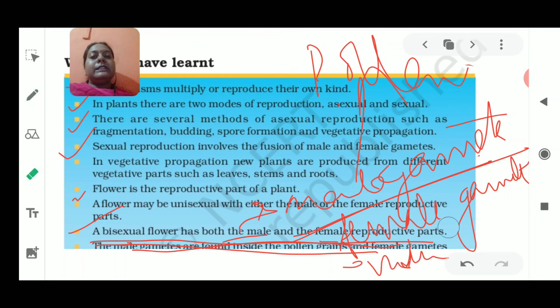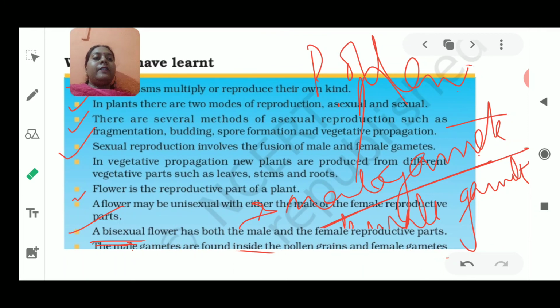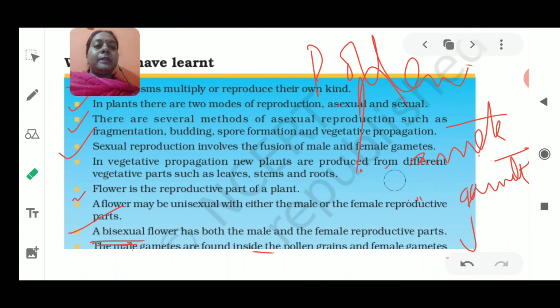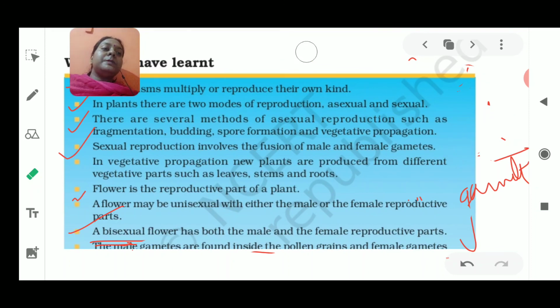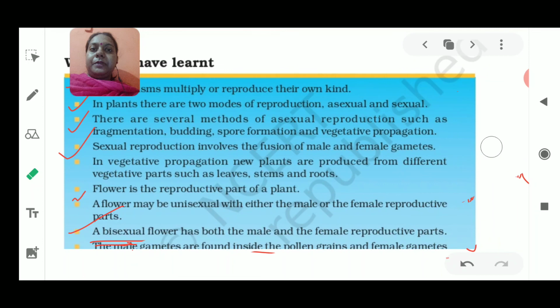So the bisexual flower is a collection of both reproductive parts, responsible for the development of the male and female gametes, which lead to fertilization, after which a zygote is formed. After zygote formation, the embryo is formed, then the seeds. So this is about the bisexual mode of flower.